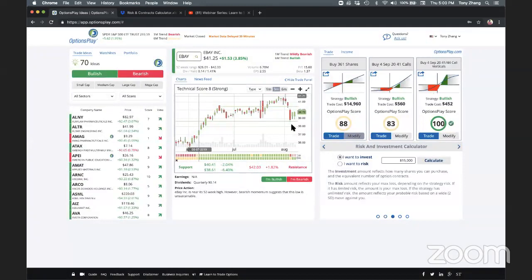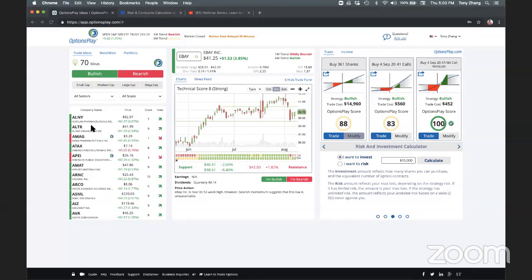So here, let's say on eBay, I sold the 39 puts and I bought the 37 puts because I believed eBay was going to stay above 39, and the stock drops to 38. I would say that I was wrong on my analysis, and I would simply get out of the trade as a result of that. So that's my thesis on taking losses on a credit spread.